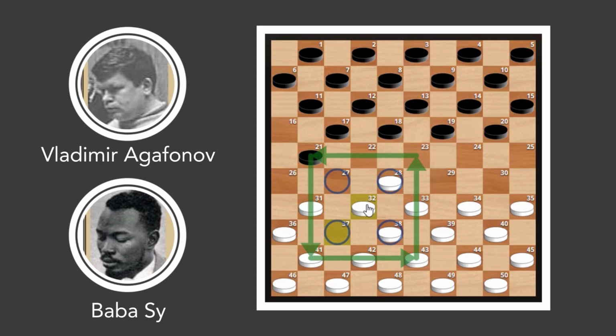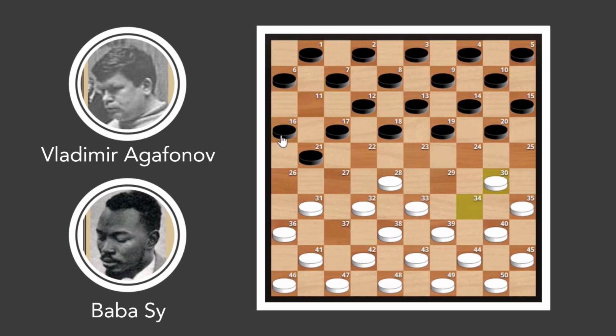And then the move was responded to by Vladimir by playing 11-16. And then Babasai played 34-30. So let's examine why Babasai had to play 34-30.